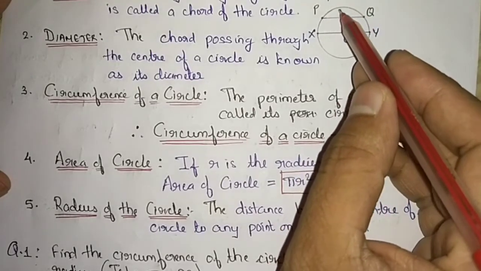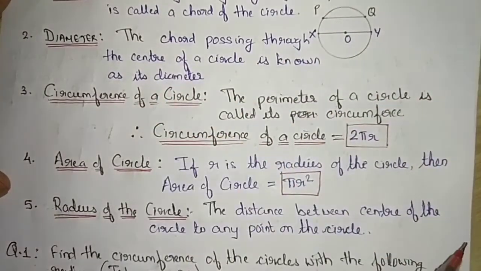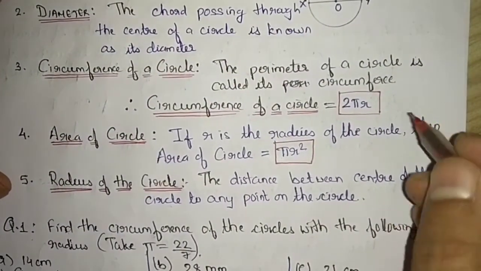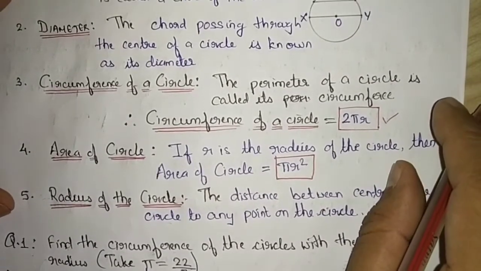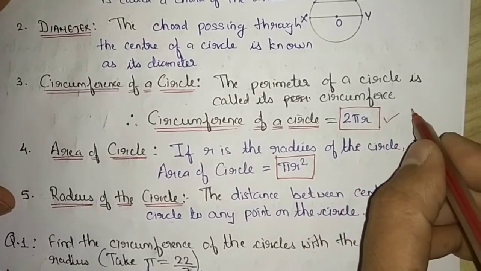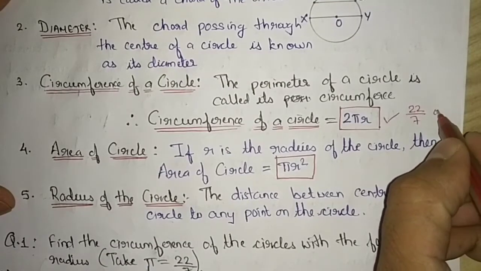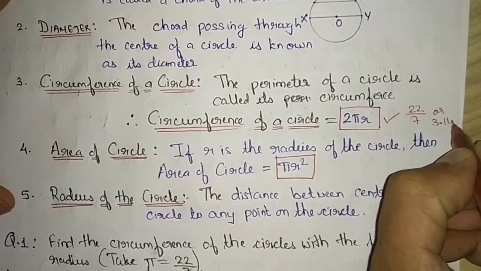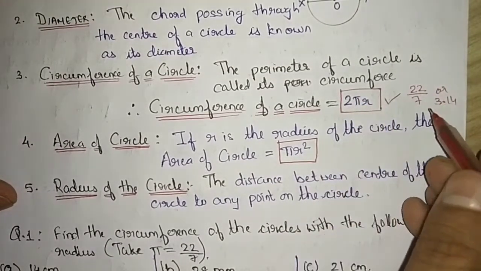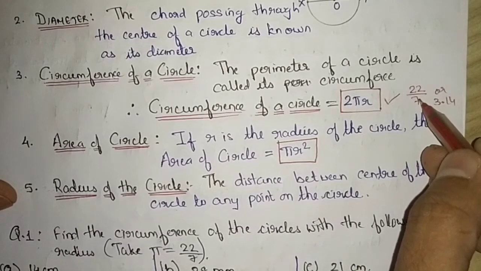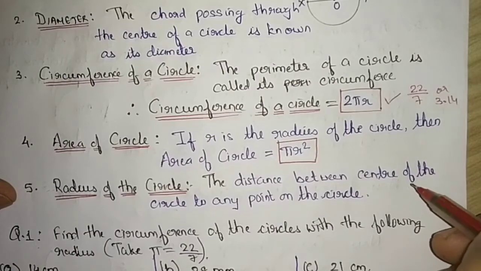That means the boundary length of the circle is the circumference, and it is given by the formula 2 pi r, where the value of pi is a constant. It is 22 by 7, or sometimes they will give you 3.14. This is the value of pi. If they don't give you 3.14, always take 22 by 7.